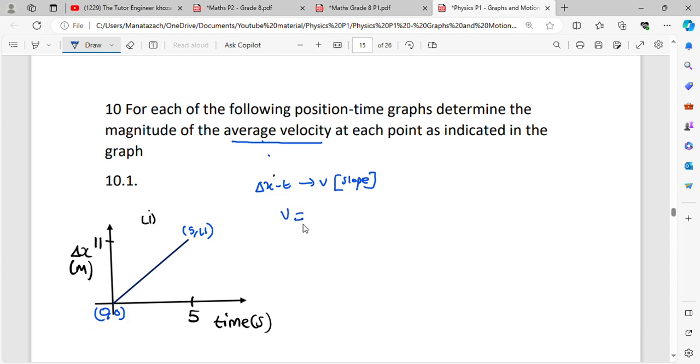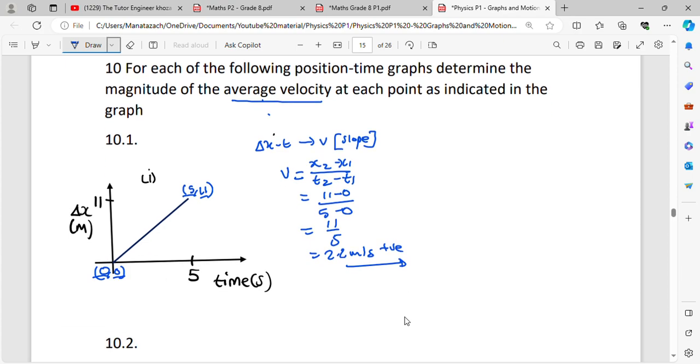We'll have x2 minus x1 divided by t2 minus t1. That means x2 is 11 minus 0, t2 is 5 minus 0. So the answer is 11 over 5, which is 2.2 meters per second in the positive direction.